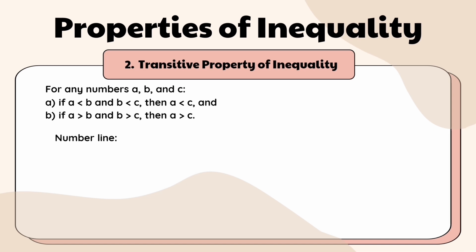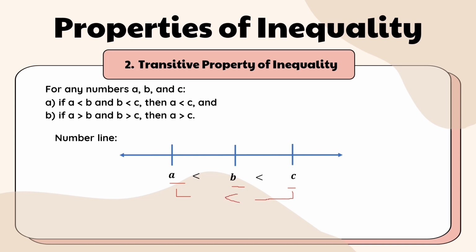The transitive property can be visualized using the number line. For example, a is less than b and b is less than c, so therefore a is less than c, and that is true.